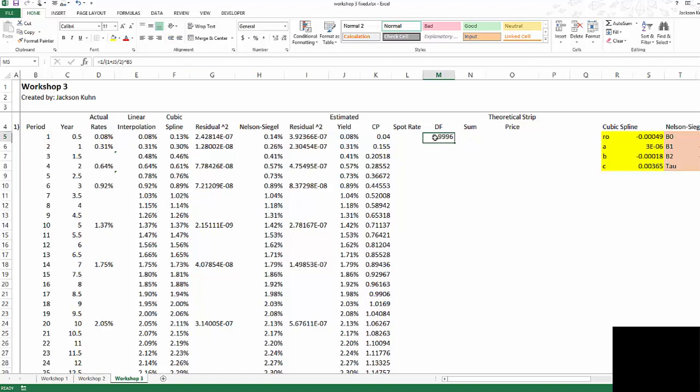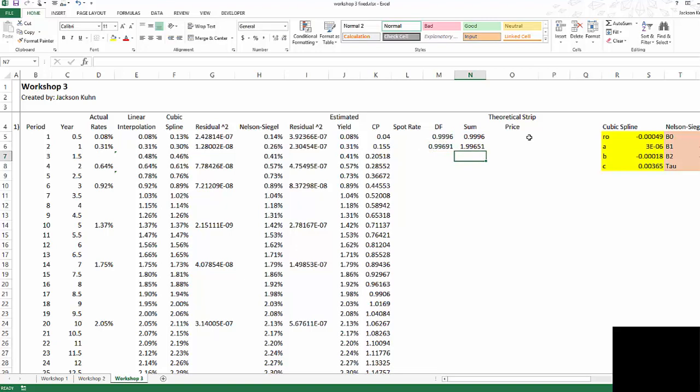So we'll drag that down 1 as well. Looks good. And then our sum is going to be equal to that. And then starting in our second row, it's going to be equal to the last sum plus the new discount factor.